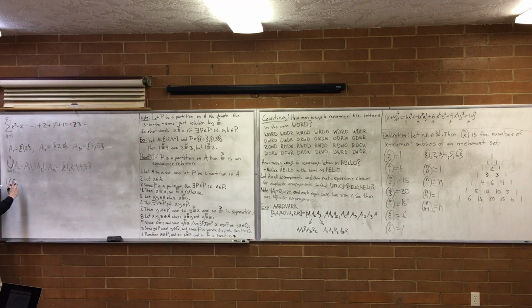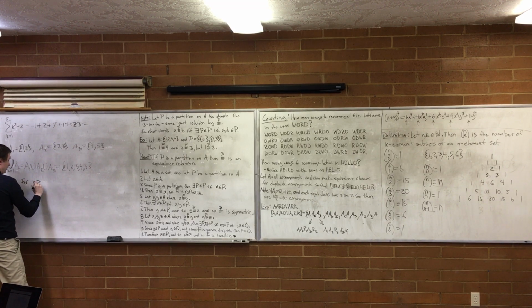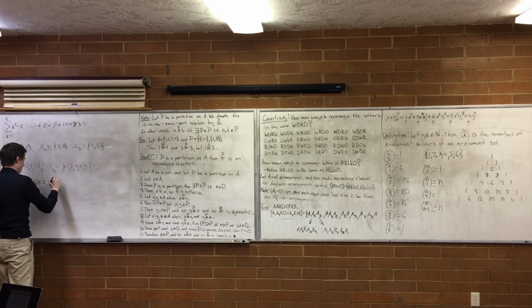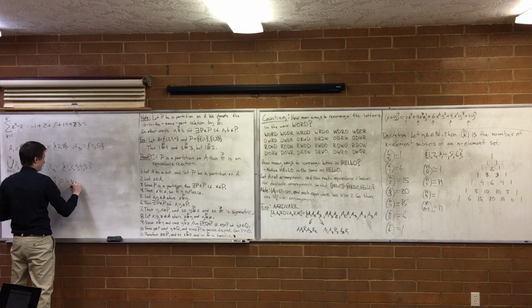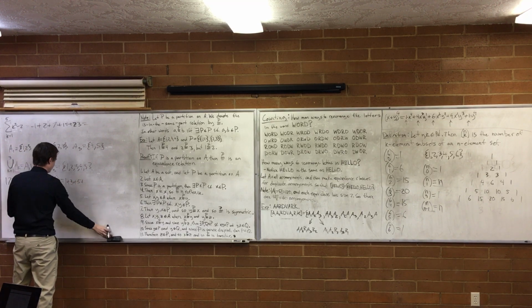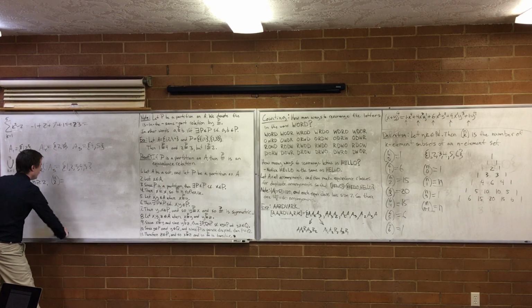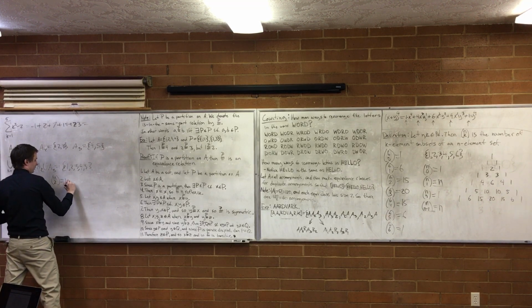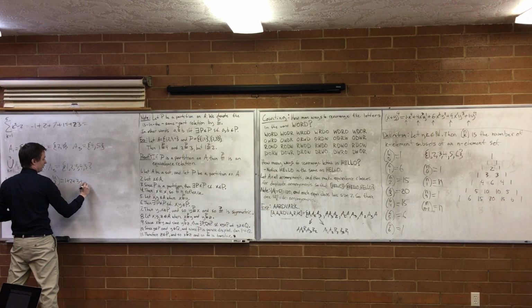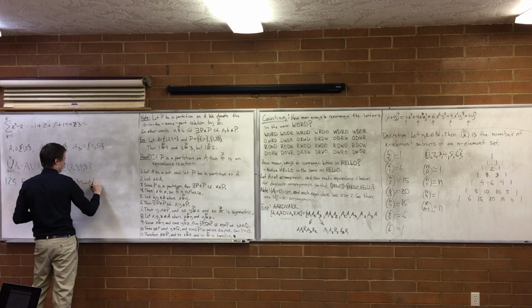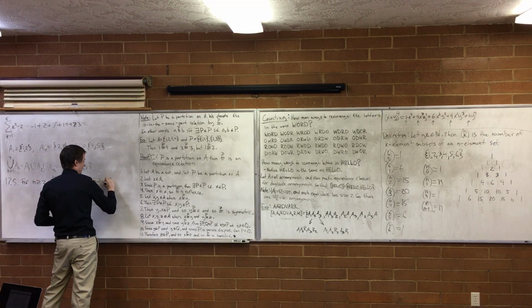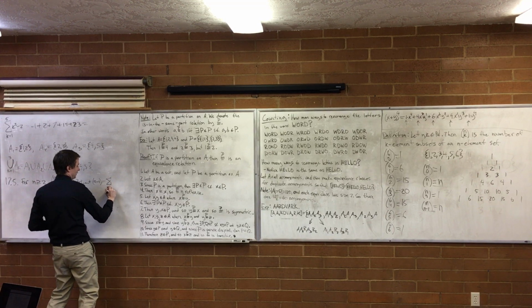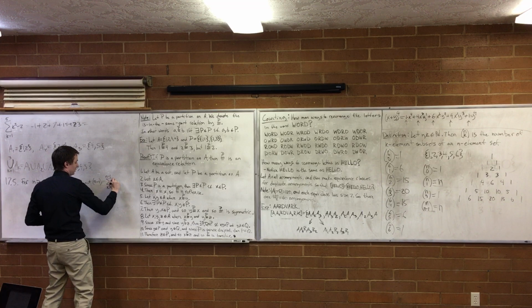But he says, for n greater than or equal to 2, n choose 2 is equal to 1 plus 2 plus 3 plus ... plus n minus 1, which can also be rewritten as the sum from k equals 1 to n minus 1 of k.